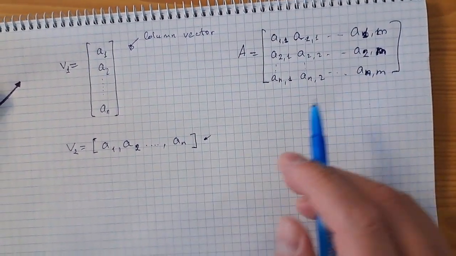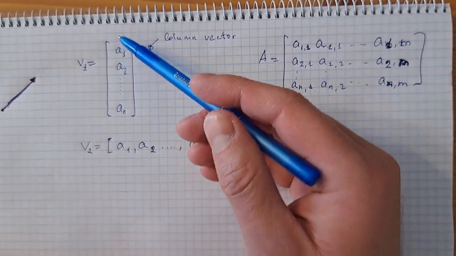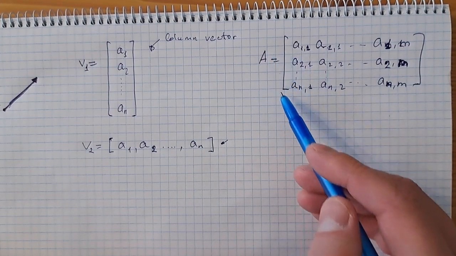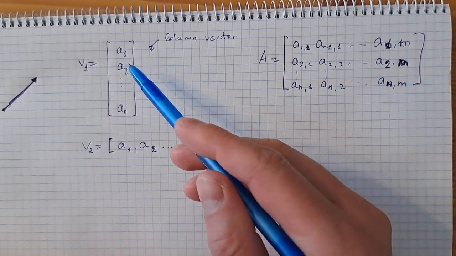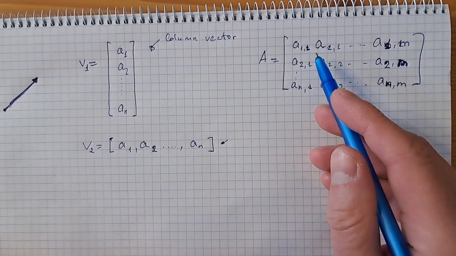So basically, we need to represent a vector as a column vector because we want to be compatible with how matrices are represented. So basically, we can say that a vector is actually a one-column matrix.